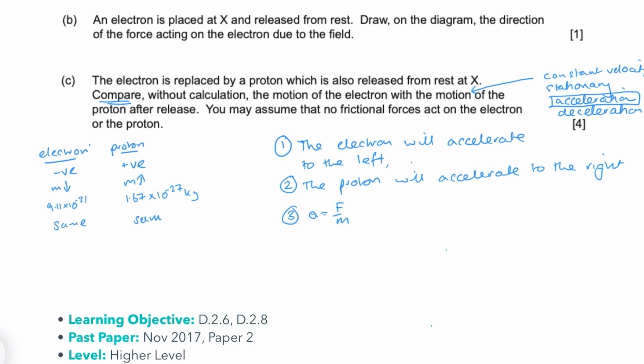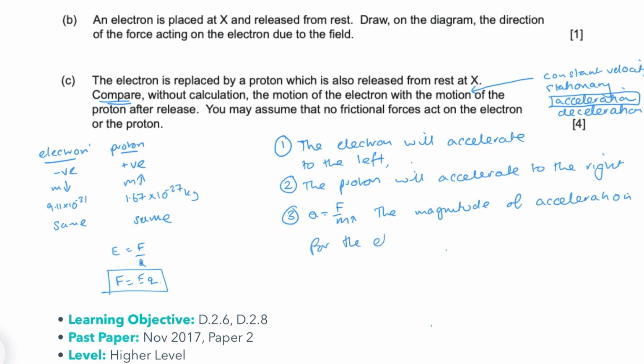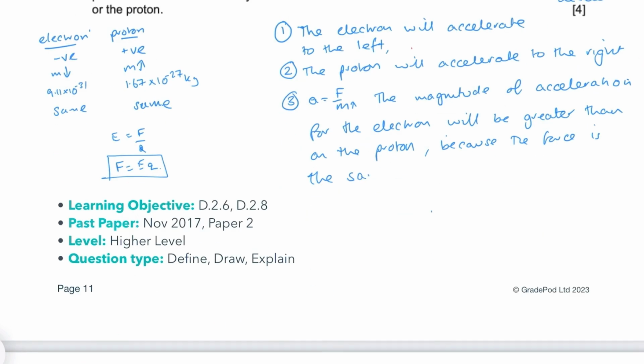For electric fields, E equals F over Q, so F equals EQ. So the force felt by the electron and by the proton is the same. However, the mass is greater for a proton. The magnitude of acceleration for the electron will be greater than for the proton because the force is the same, but the proton has a greater mass.